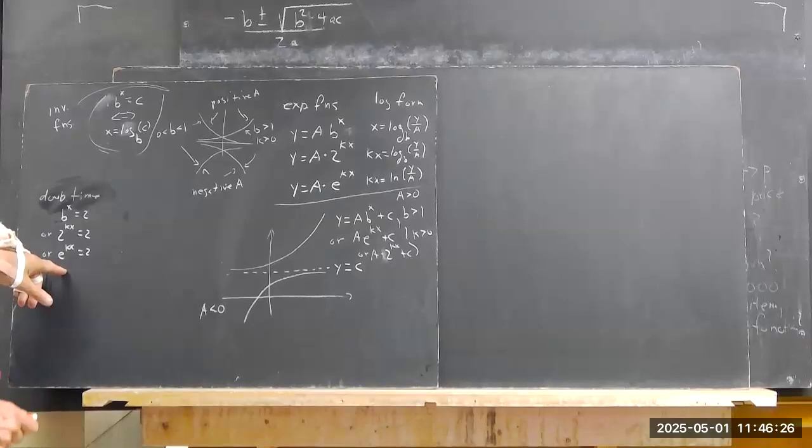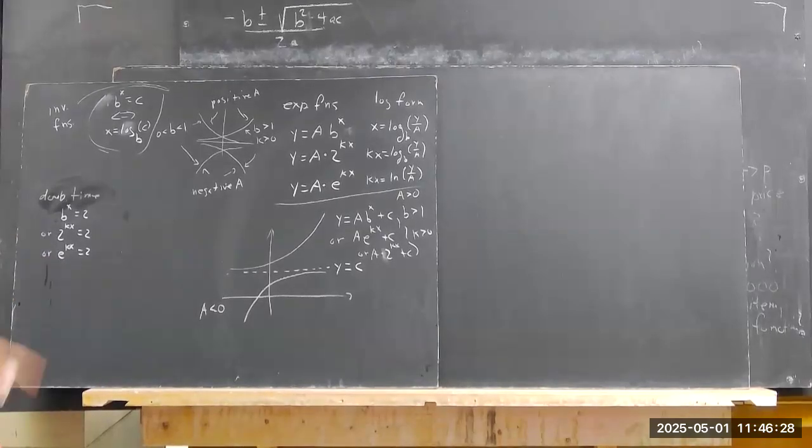If you solve this equation and find that x is negative, then it's a half-life. Okay.